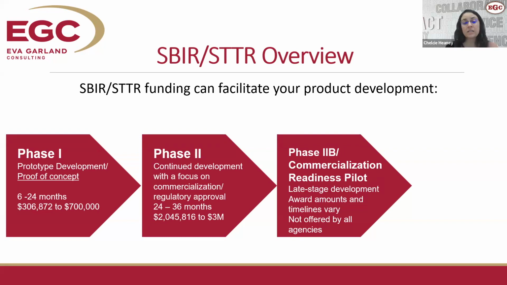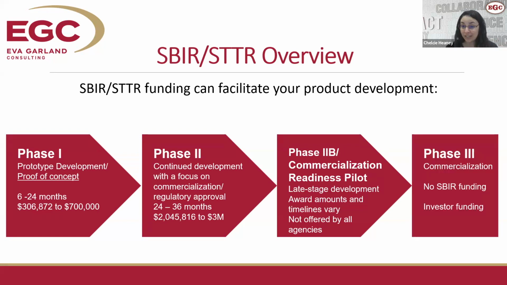And then this is all to get you to phase 3, where your product or innovation has been commercialized, meaning it is on the market, ready to be sold. At this stage, you're no longer eligible for SBIR funding for that particular innovation. And the idea is that at this stage, you're ready for investor funding or potentially that dilutive funding.